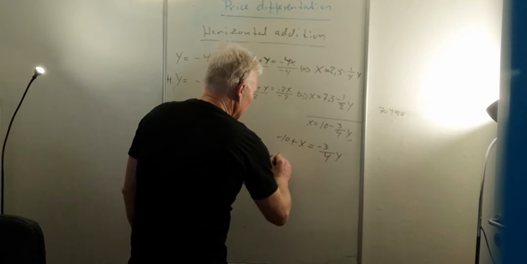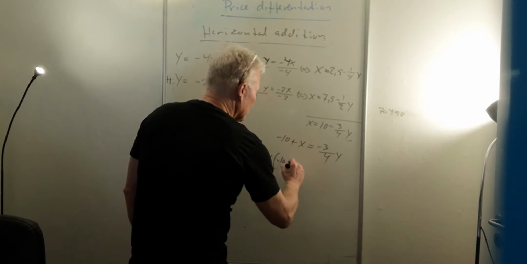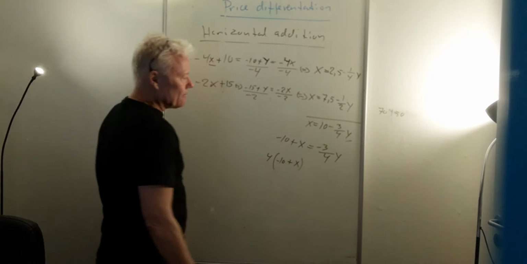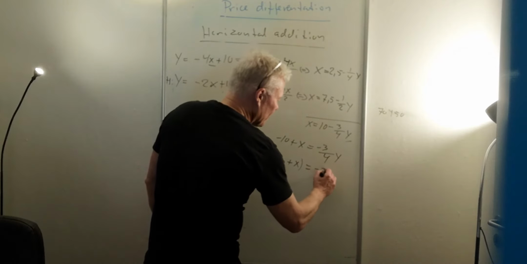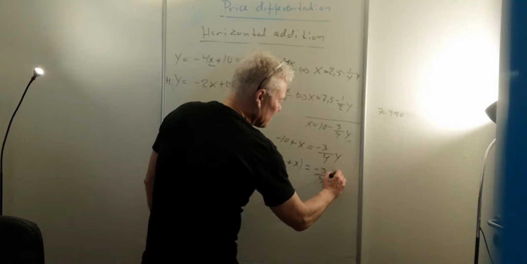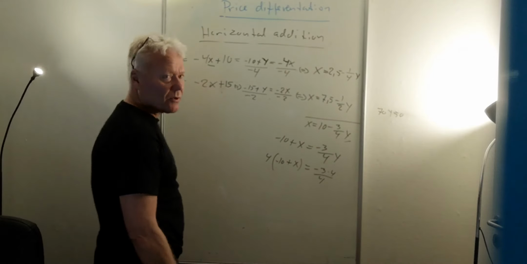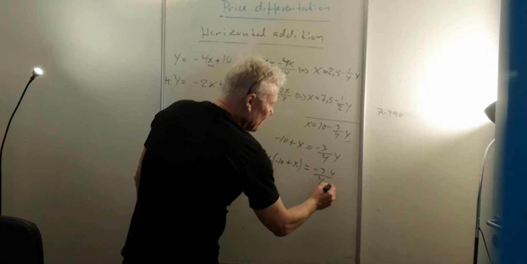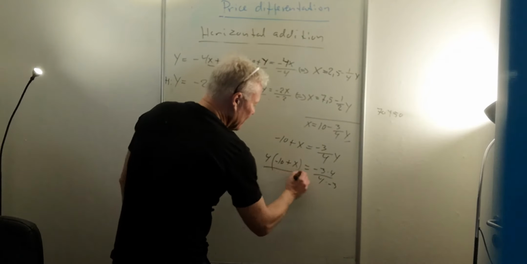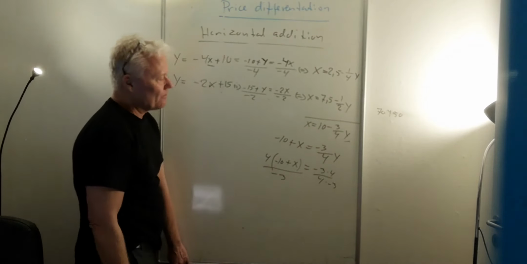So that's 4 times minus 10 plus x is equal to minus 3 divided by 4, times 4 over here. Then you divide by minus 3 on both sides.